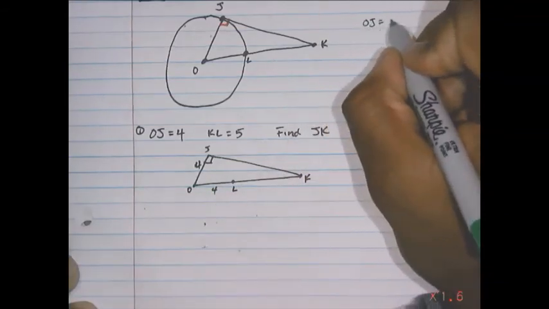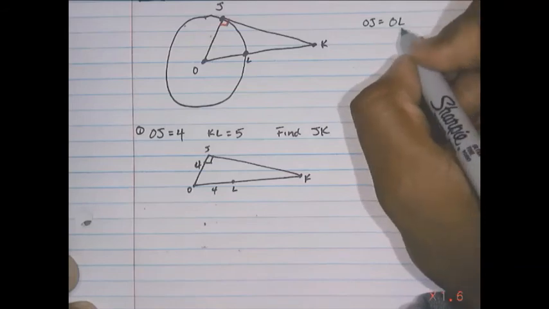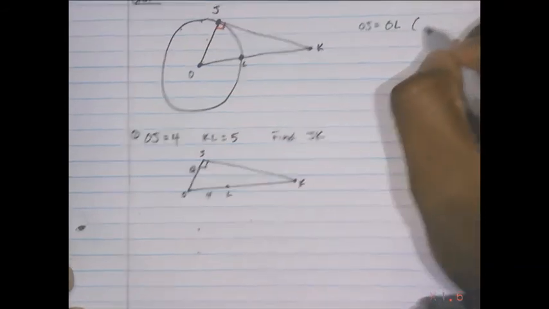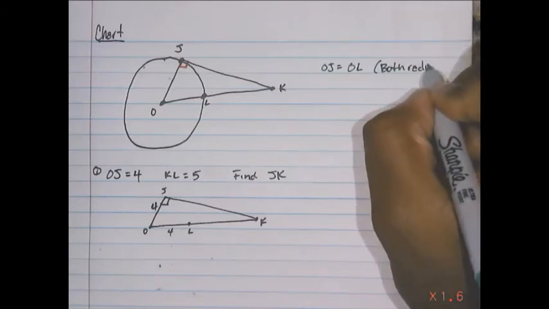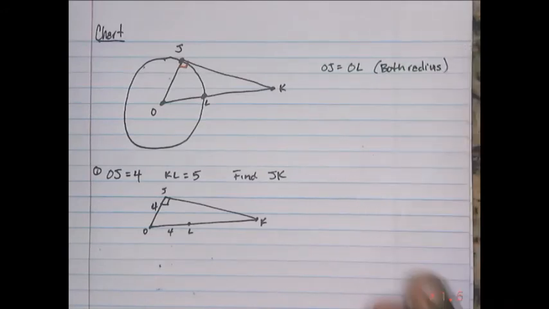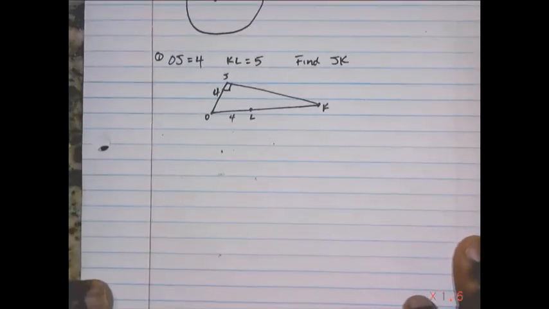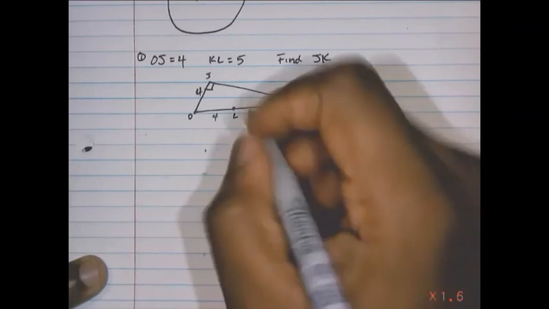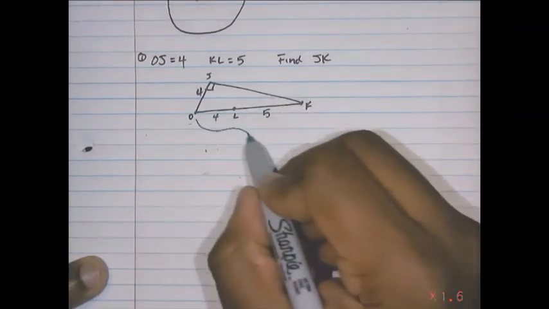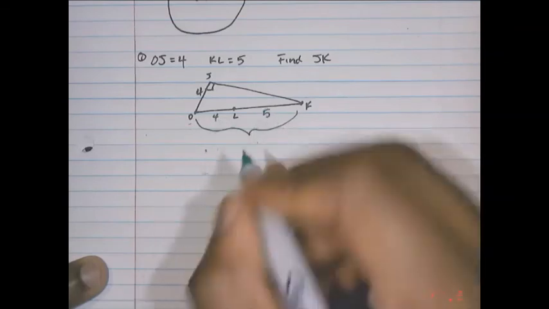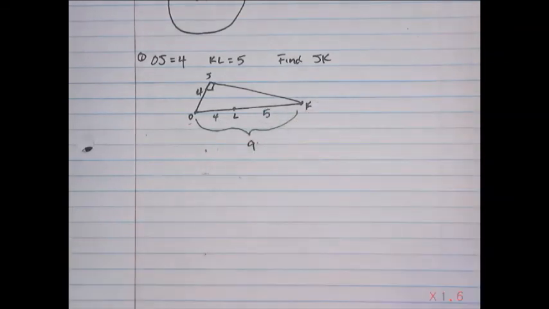OJ is equal to OL because they are both radii of the circle. And then they told us that KL here was 5. So this side is 4 and this is 5, so the whole side is 9.